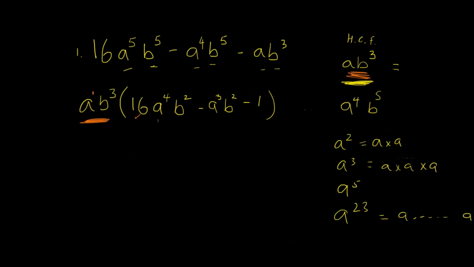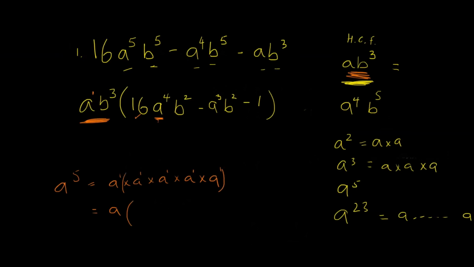Because a^5 is equal to a times a times a times a times a, 1, 2, 3, 4, 5. All I've done, ladies and gentlemen, is say I'm taking one a outside, this one. So I'm going to put a bracket there.